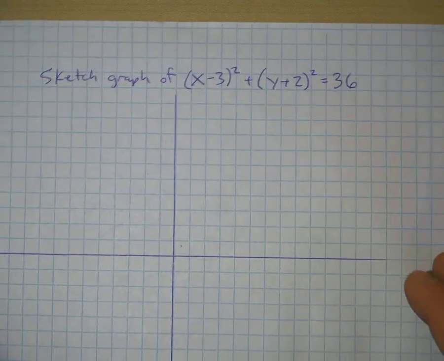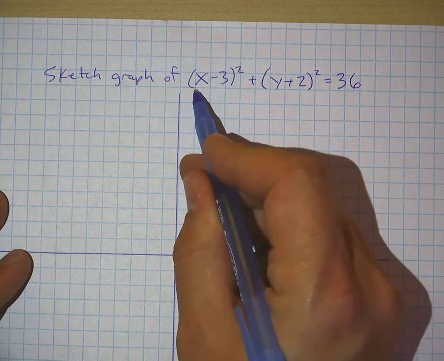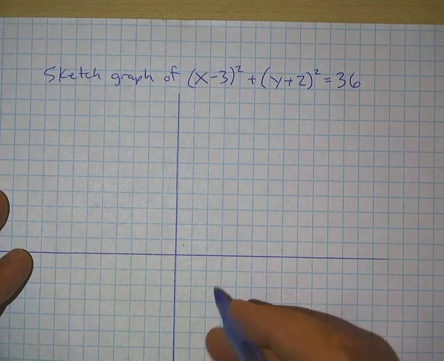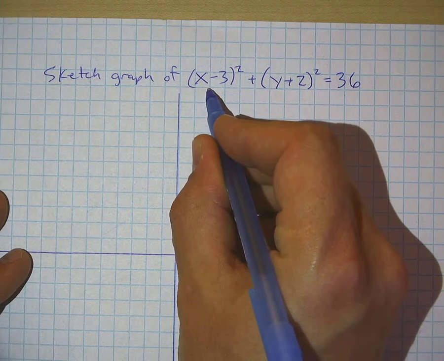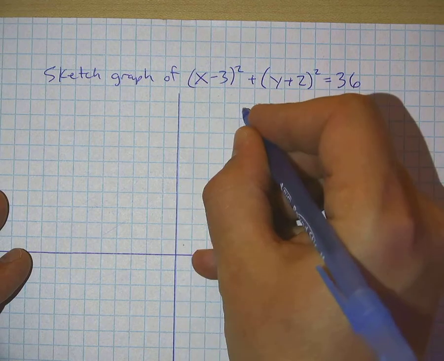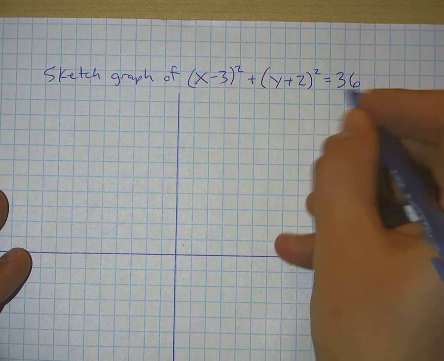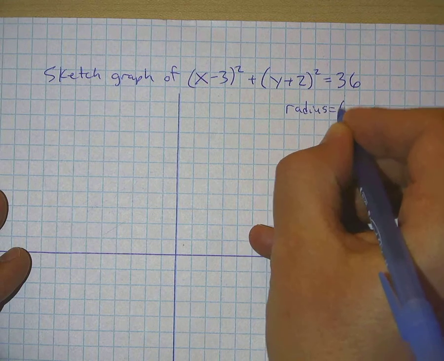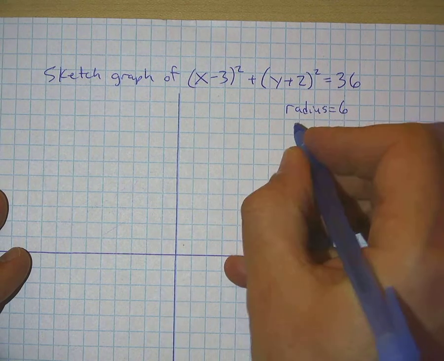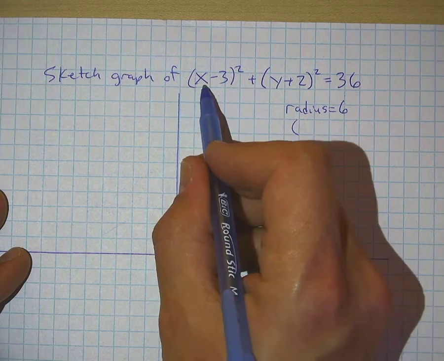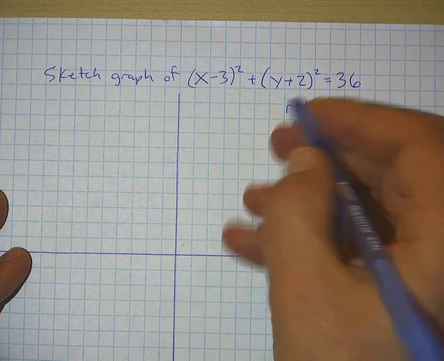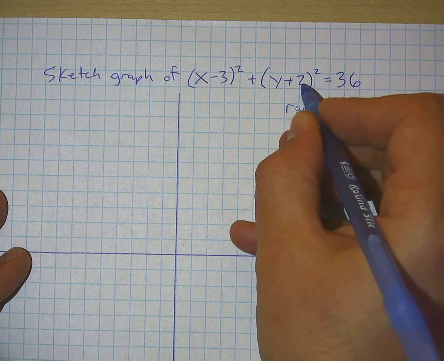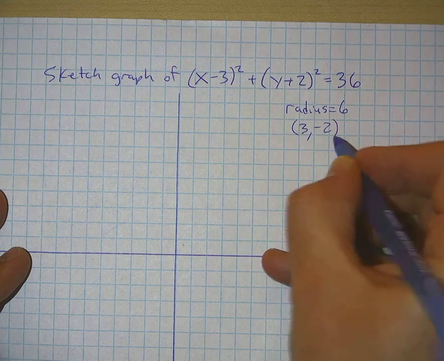Now this question, sketch the graph of this equation right here. Well, I know that my radius is going to be whatever the square root of 36 is, so my radius is 6, and x is going to be 3, y is going to be negative 2.